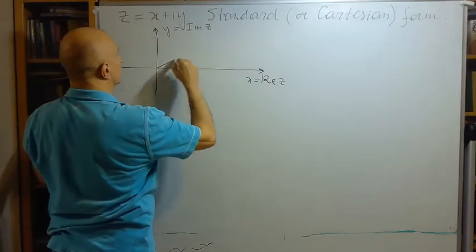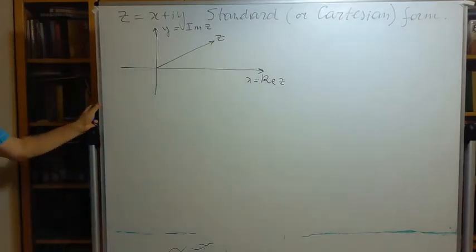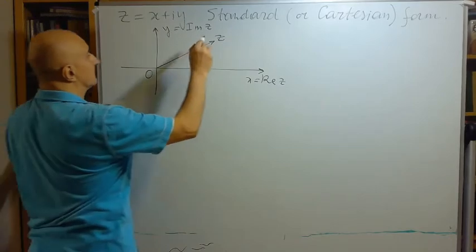Whenever we have some number z, it's not necessary to write this arrow, but it is convenient to view operations with complex numbers as operations on vectors. As you will see pretty soon, even multiplication of complex numbers can be seen very clearly geometrically what it means.